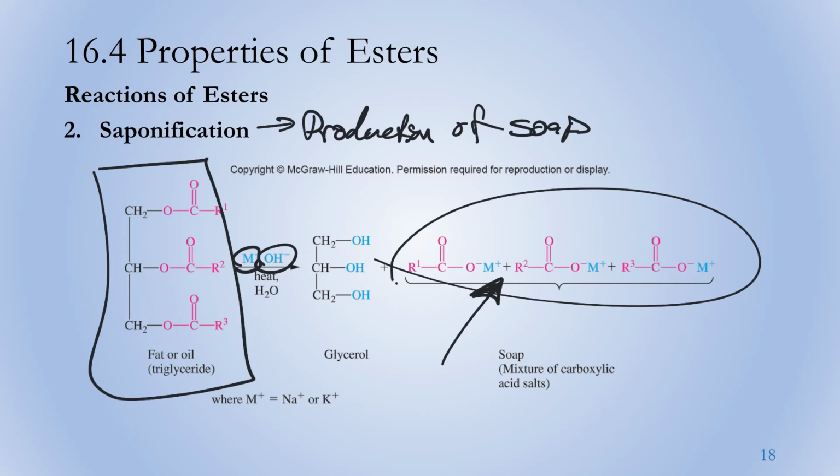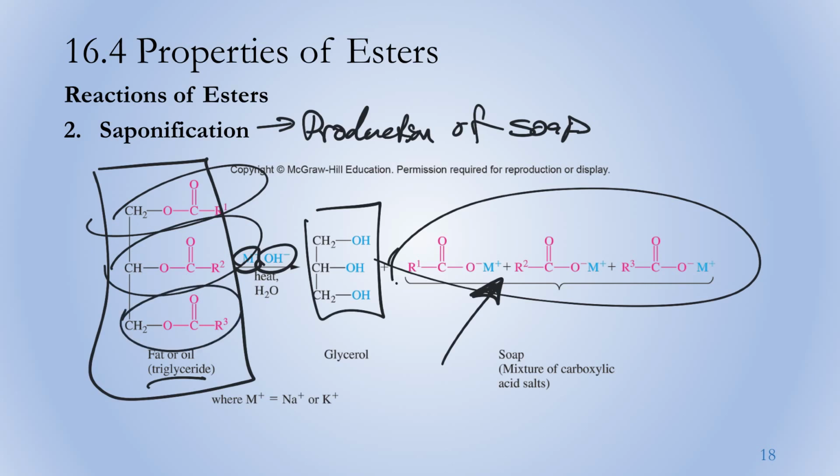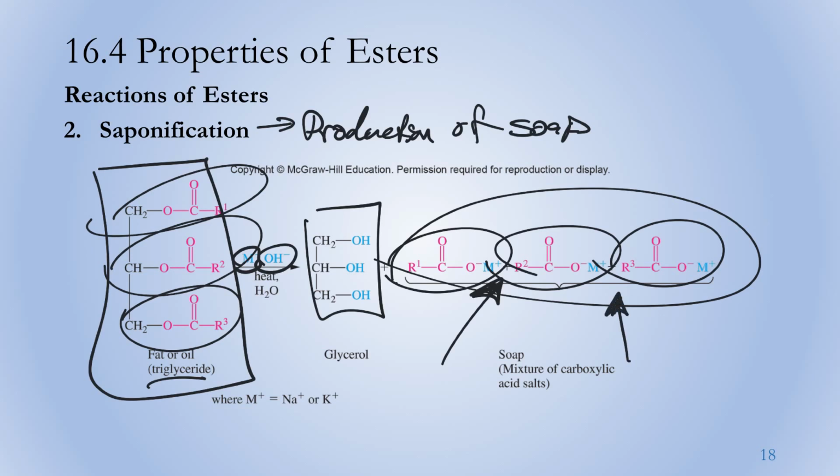But you get from that the triglyceride, you get glycerol as a product, and then 1, 2, and 3 carboxylate ions right there. If they're different or if they're the same, it doesn't matter. But when these things are finished reacting and you boil off the water and all the solvent and everything, you're left with soap, because those are just soaps.